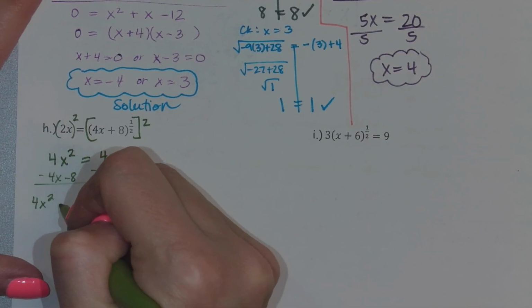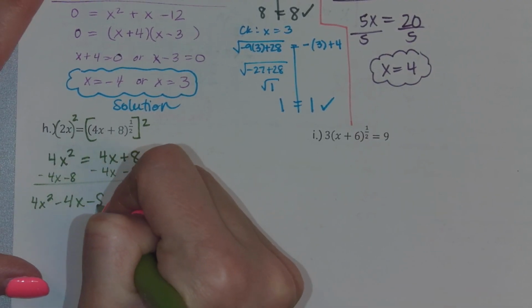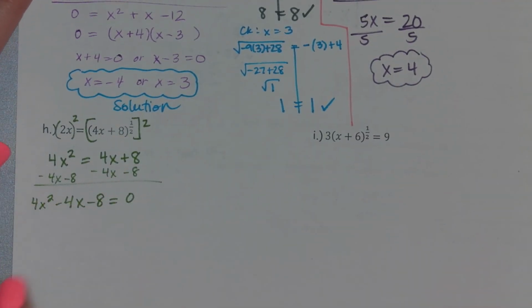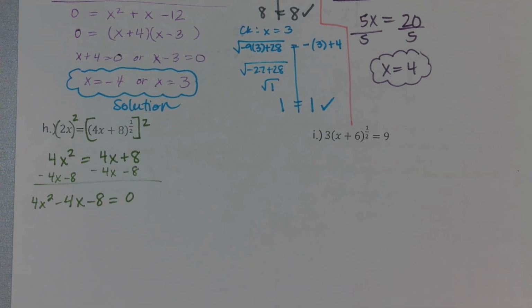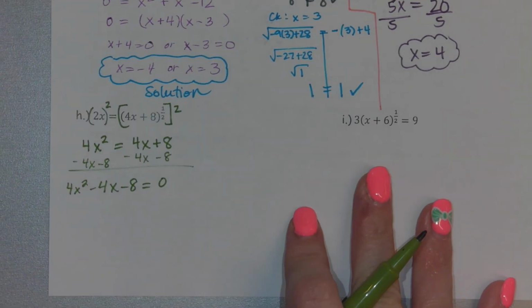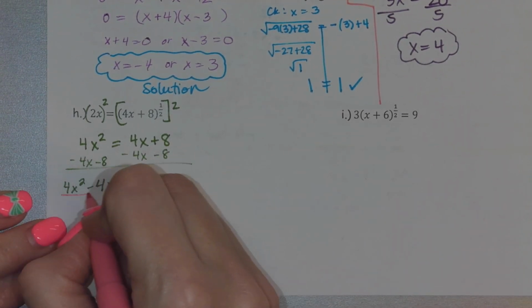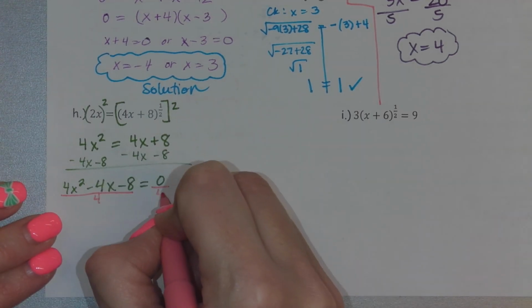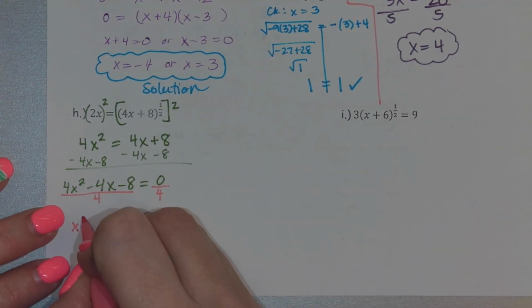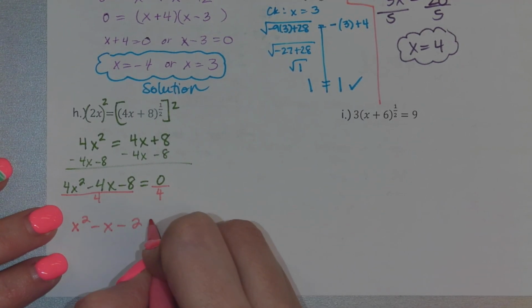And remember, when you are factoring, if you have an equation, you can divide by the GCF. What's the GCF here? What number goes into all of them? 4. Yep, 4 is the largest one. So if you divide everything by 4, you see how much simpler this is going to be to factor?